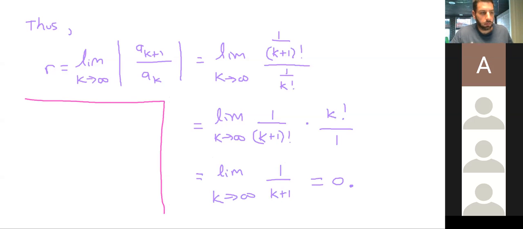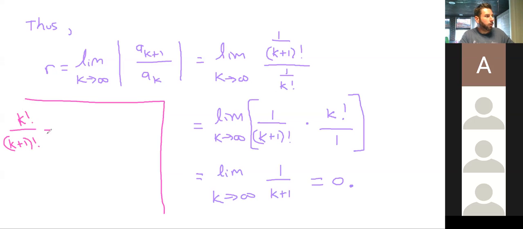This is all in the limit. I just want to remind you that if you don't quite see the algebra, k factorial over k plus 1 factorial, what is this equal to?